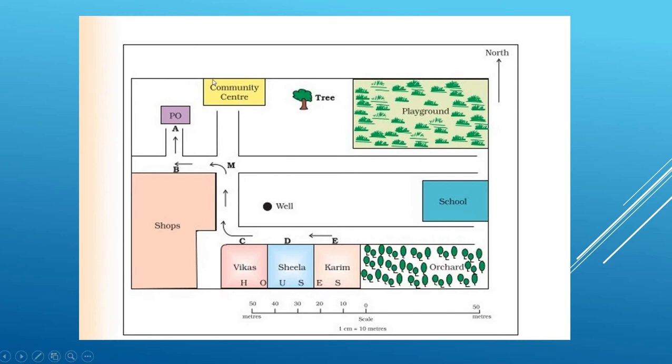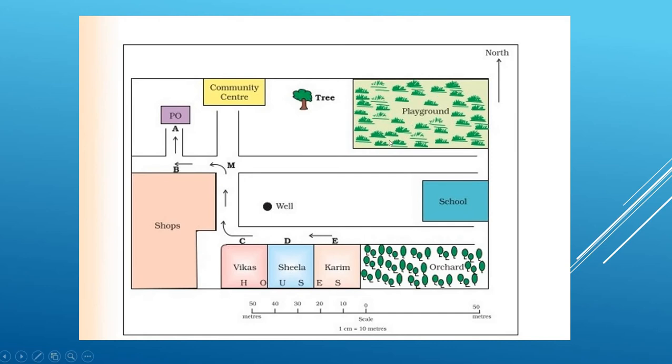Okay, so here it has been asked the direction of the community center, okay, from Vikas's house. So you can see community center is here in this yellow region and Vikas's house is here. So on the top of Vikas's house you can see community center. So community center is in the north of Vikas's house, okay. So it is in the north direction. Similarly, another question is the direction of playground from Vikas's house. So where is the playground?